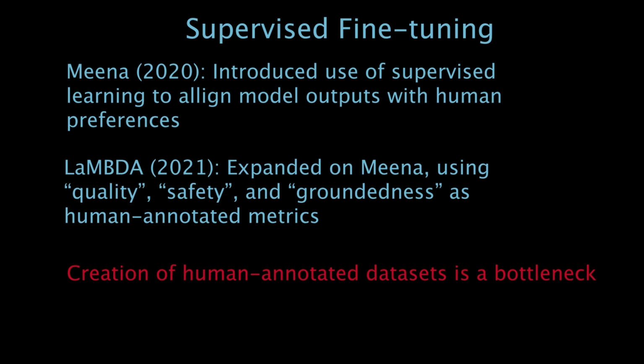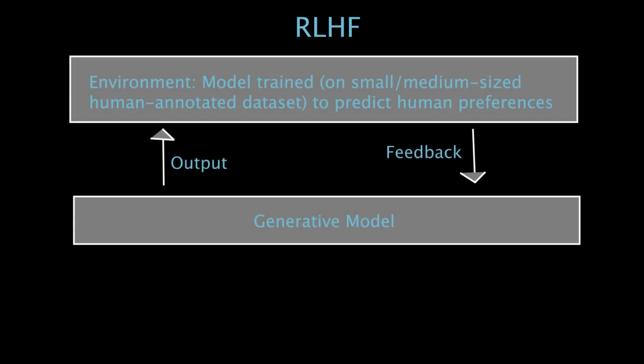However, the supervised approach is limited because creating such annotated datasets of significant size is very effort-intensive, slow, and costly. To mitigate this bottleneck, researchers from OpenAI released a technique which applies reinforcement learning to LLMs. In this technique, named reinforcement learning from human feedback, the environment is represented by a secondary model that has been trained on a smaller dataset of human annotated preferences.